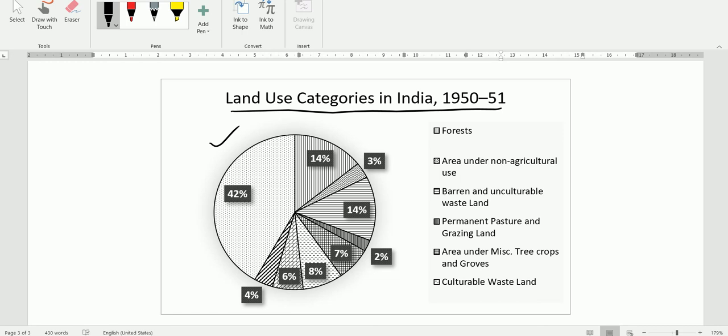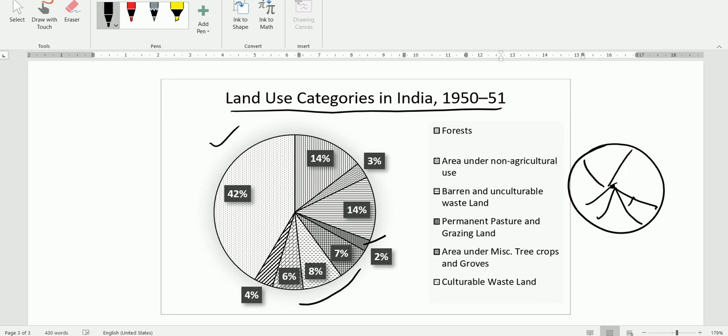As I told you, you may start from the smallest sector, and accordingly you may continue. First draw the circle, then draw a line and measure the angle using the protractor, and so on. And do not leave any sector blank.